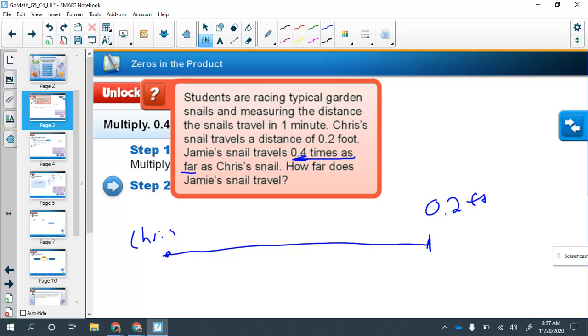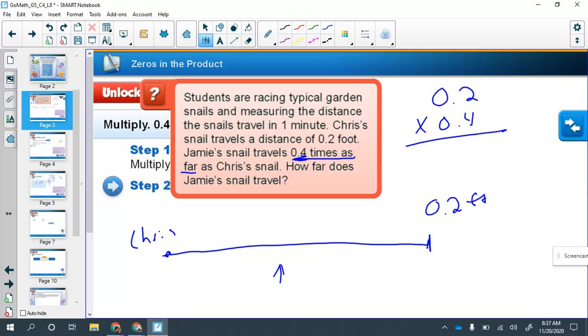So if it's 4/10 times as far, it's not as far. In fact, his snail is going to end up somewhere around in here, just a little bit under half. So to find the answer here, we need to take 2/10 and multiply it times 4/10.